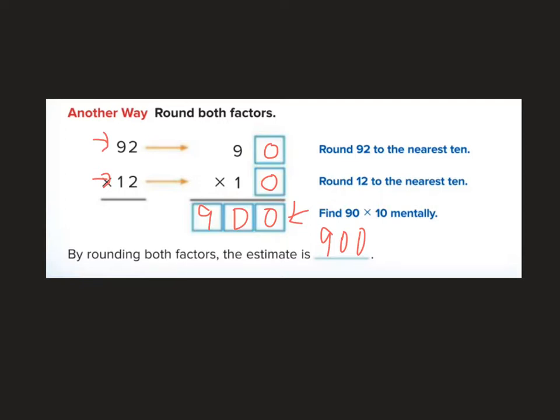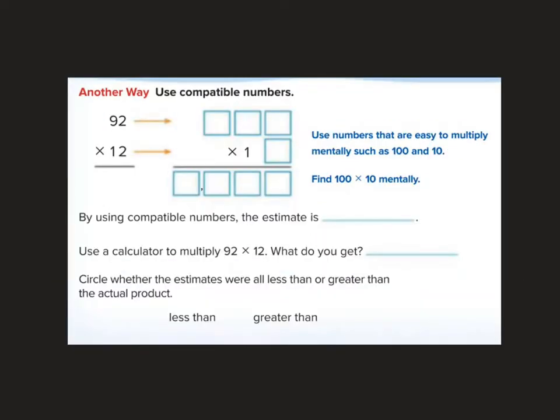So let's try another one, using compatible numbers. I know 92, and it's really easy for me to multiply 100 by things. So if I take 100 and multiply it by 10, I'd say 1,000 is about the answer. By using compatible numbers, the estimate would be about $1,000 that he would make.